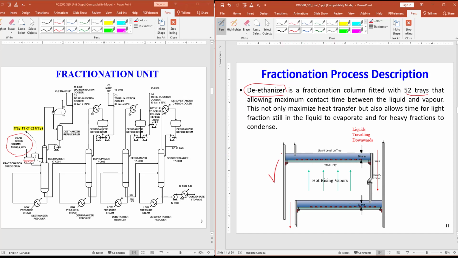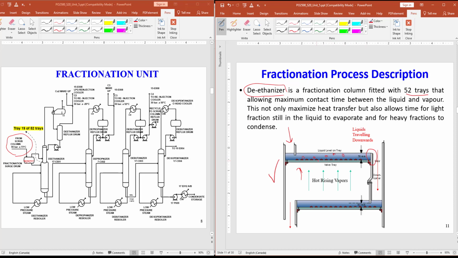On the tray, we have a weir that creates a pool of liquid. Liquid comes from the top and vapor from the bottom, and we have different types of caps, such as bubble caps or perforated plates, that create vapor bubbles in contact with the liquid so separation can happen.